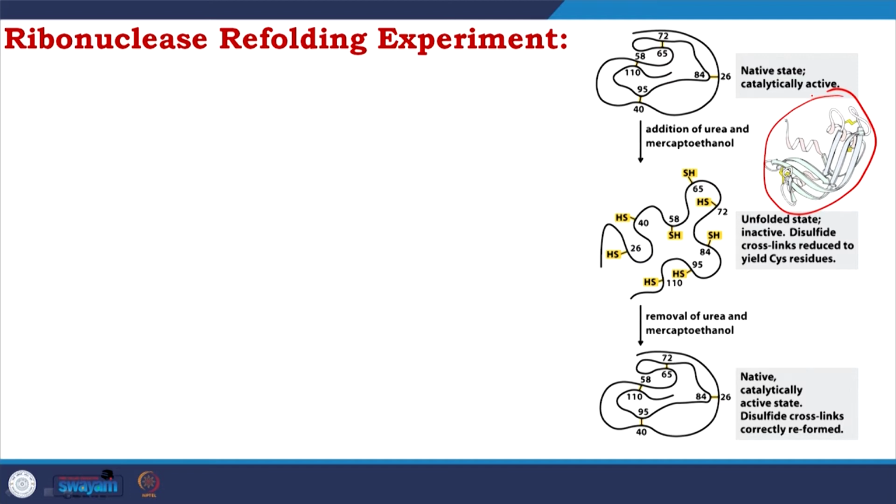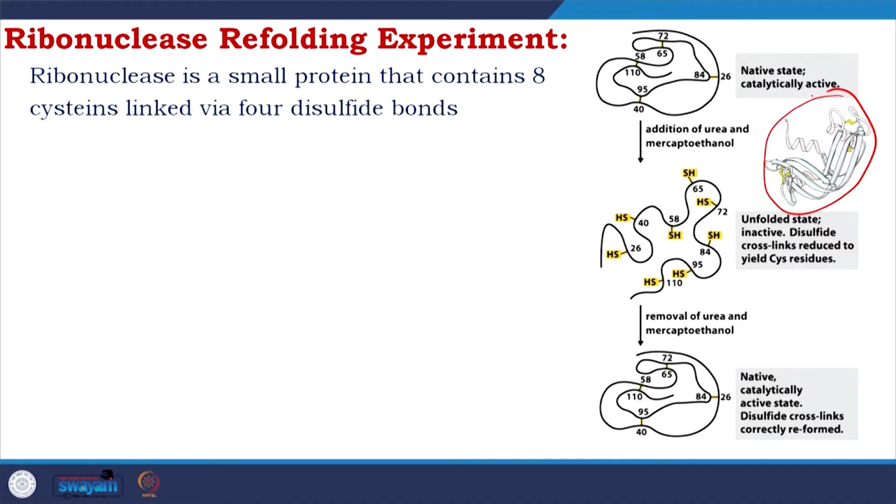The reason Christian Anfinsen chose ribonuclease is not because of this, but mainly because it was possible to develop an assay where a colorless solution is converted to red color. Ribonuclease is a small protein that contains 8 cysteines linked via 4 disulfide bonds. As you see here, the 4 disulfide bonds.